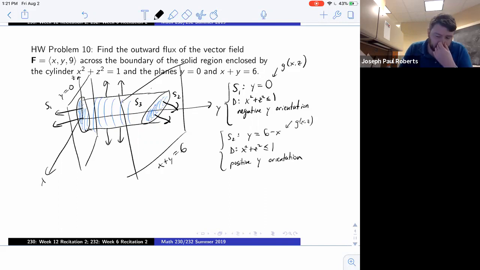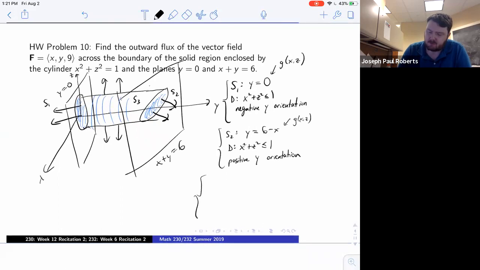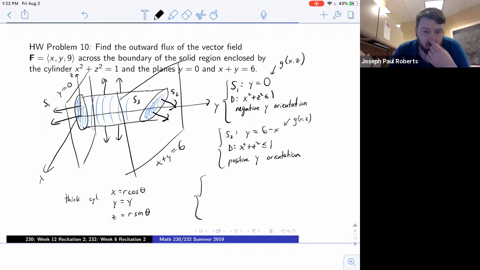And then this last one, the sort of the trickiest one, if you remember, the idea was we think cylindrical coordinates, but slightly altered cylindrical coordinates where we left Y alone. I think in the example I showed you, I might have done this where all this action was around the x-axis. I don't remember exactly, but this time, this cylinder that we're dealing with is around the y-axis, so let's convert x and z into polar.